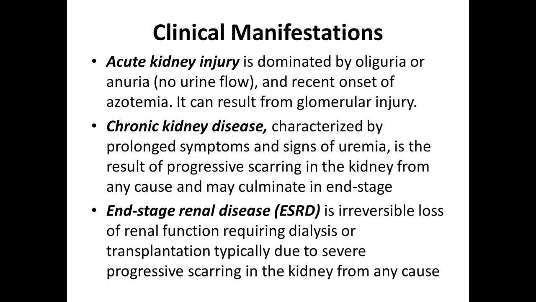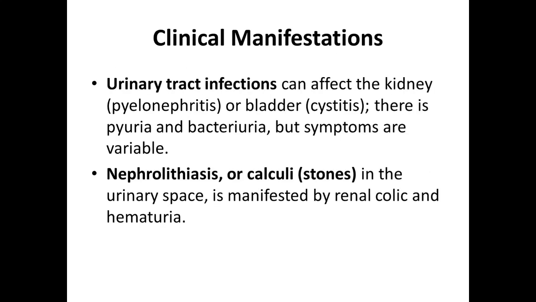And end stage renal disease is always irreversible, of course. We can speak about the loss of renal function, and of course requiring dialysis or transplantation, typically due to severe progressive scarring in the kidney.